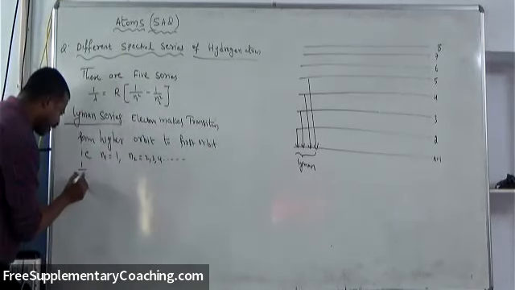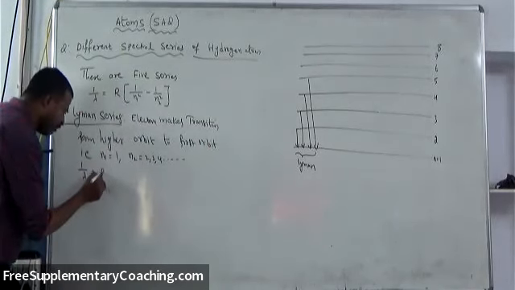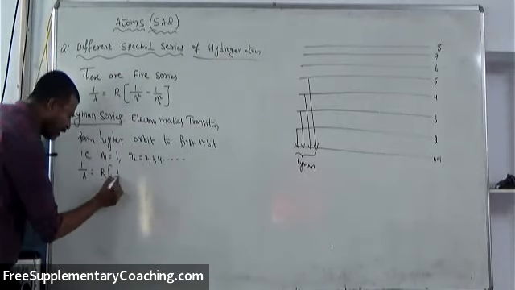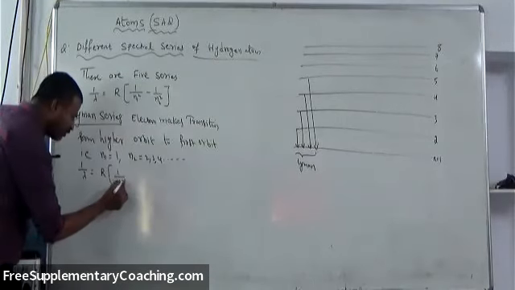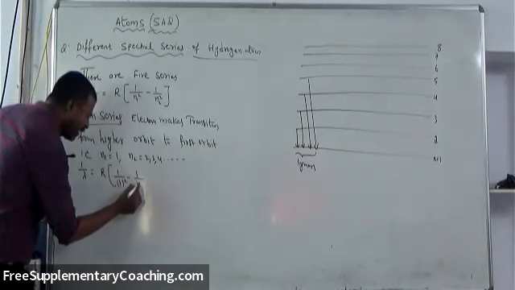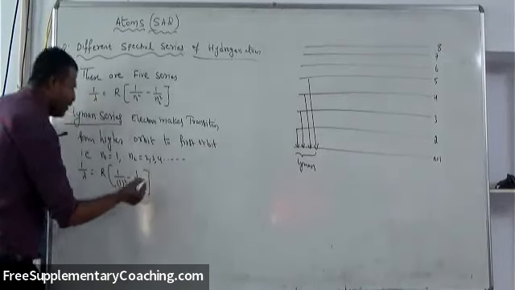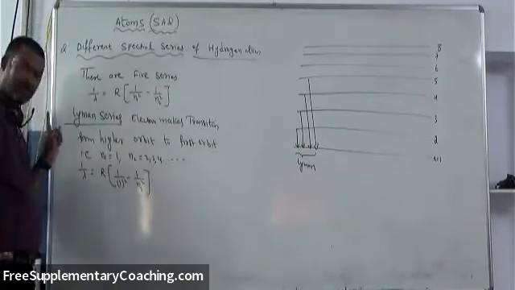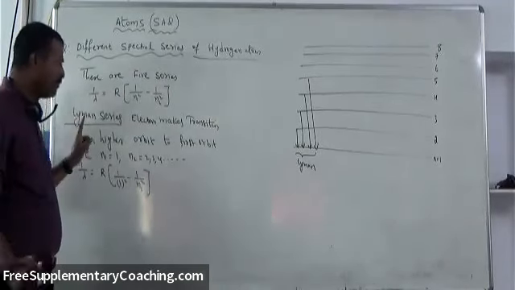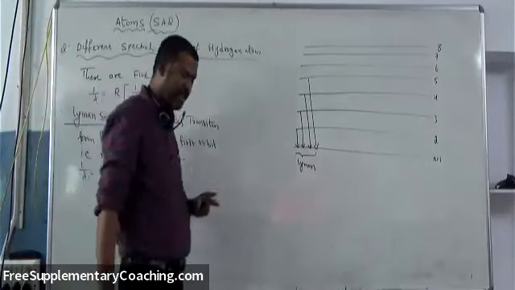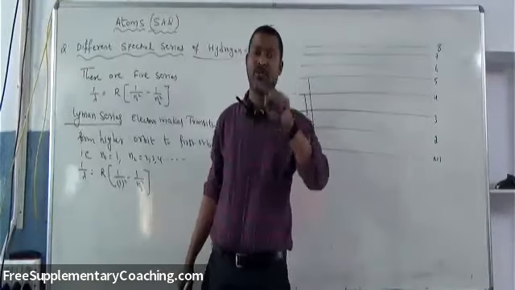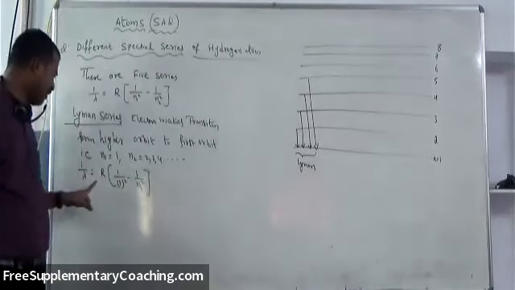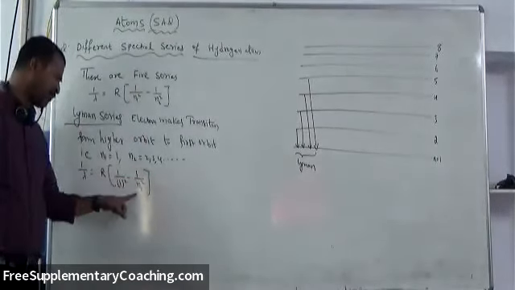Then the corresponding wavelength is written as 1 by lambda equals R into 1 by n1 square, that is 1 square, minus 1 by n2 square, where n2 can be 2, 3, 4, 5, anything you can take. Clear now? The Lyman series is obtained when an electron makes a transition from higher to first orbit or ground state, and the equation is 1 by 1 square minus 1 by n2 square.